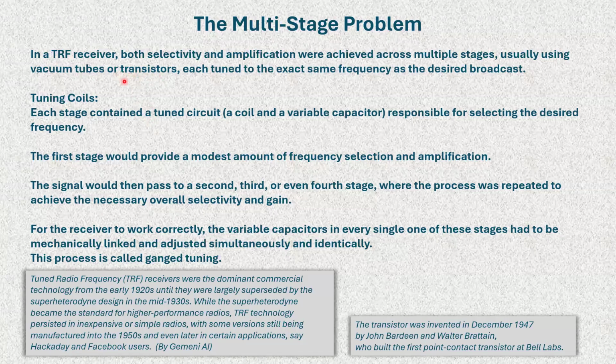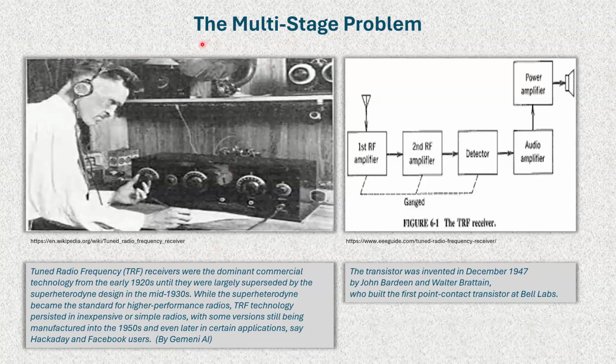And if you look at some of the dates, you might say, okay, the transistor was invented in 1947, and the superheterodyne was invented in 1918 and then implemented in the 1920s and 1930s, so something doesn't add up. Well, it's because the technology was not implemented right away. All right, so continuing with the multi-stage problem here.